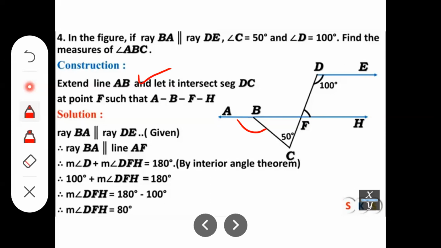I'm reading from your textbook: draw a line passing through point C and parallel to line AB. So we have to draw a line parallel to AB, and that should pass through point C. That is the hint.